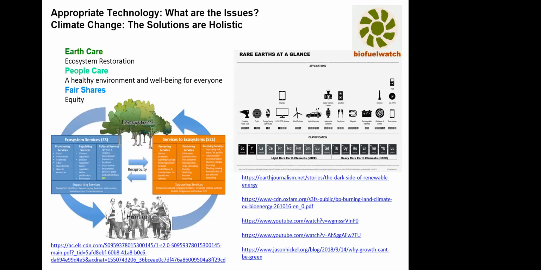Are we using ecosystem services in a way which is reciprocal, or do we just see them as resources that will be there forever, renewable for us? What about the rare earths at a glance? Because everything we will need in appliances and wind turbines, wave turbines, solar power, photovoltaic, we're going to need to have rare earths in the batteries and stuff like that.